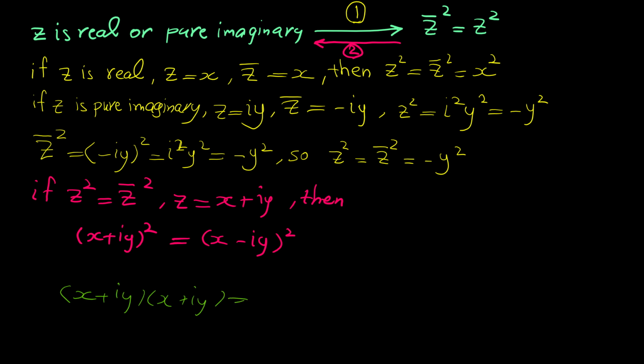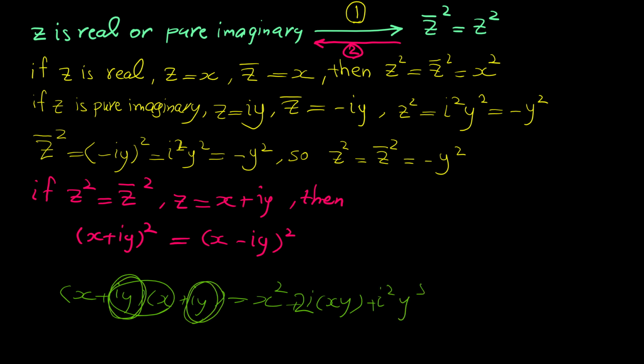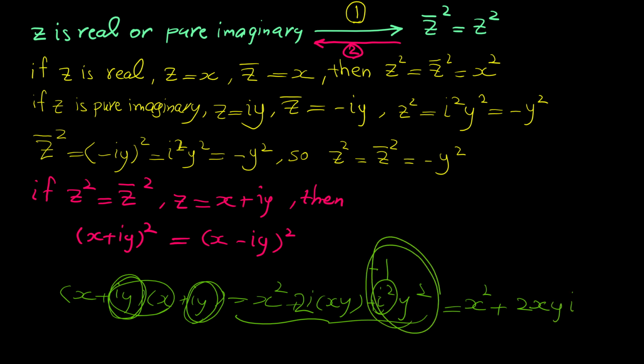If you multiply the brackets, it would be x to the 2, then x times iy, or i times xy. And if you multiply these two, you have another i times xy, which means that we have 2ixy, and iy times iy would be i squared y squared, but i squared is negative 1. So at the end from this we have x2 plus 2ixy, or you can say 2xyi, and this is negative y to the 2.